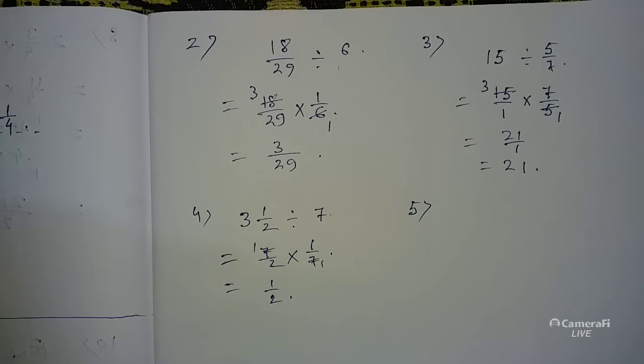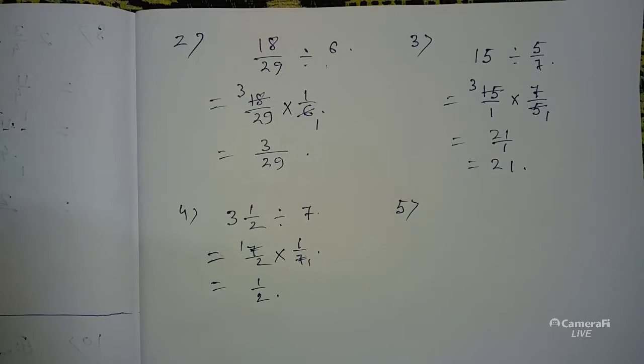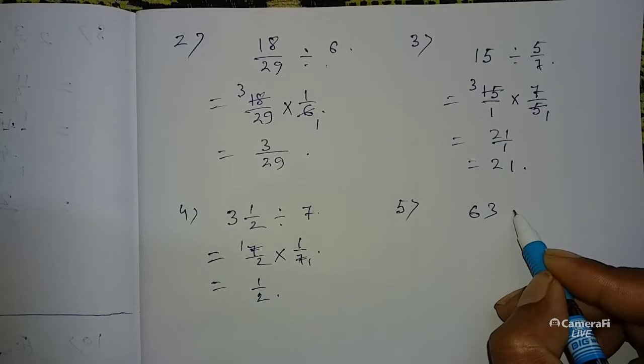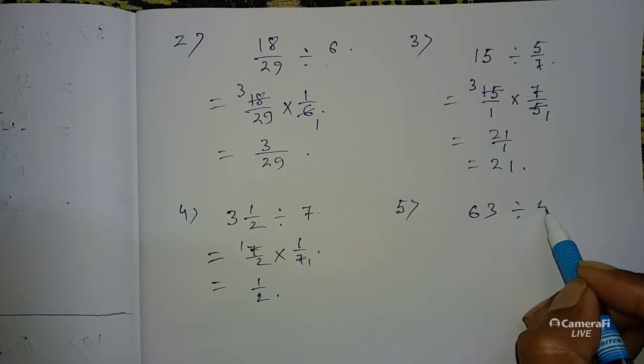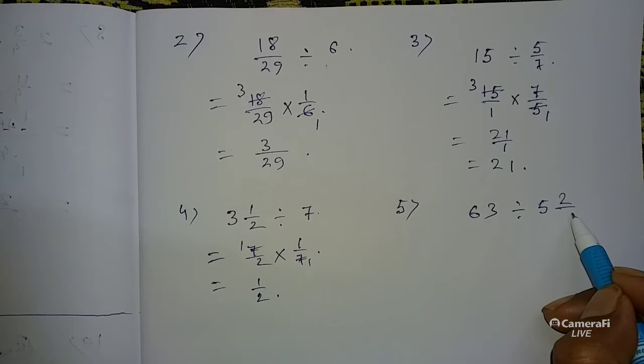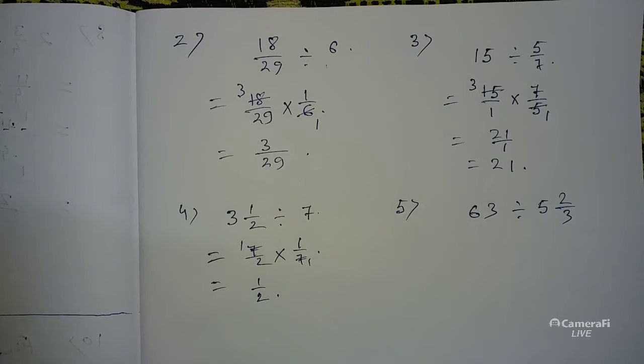Let us take this one, 63 divided by 5 whole 2 by 3. Now 63 remains as it is, the first number. We can take the denominator as 1. Now put the division sign first, because we have to convert it first into an improper fraction.